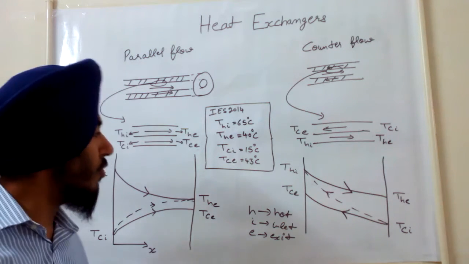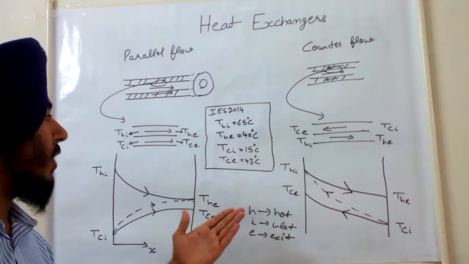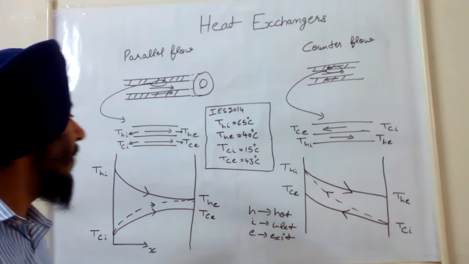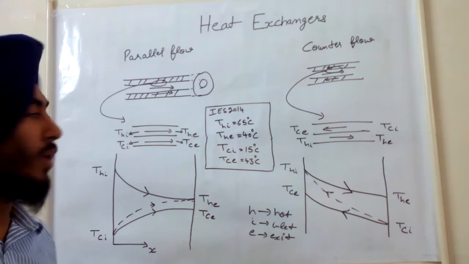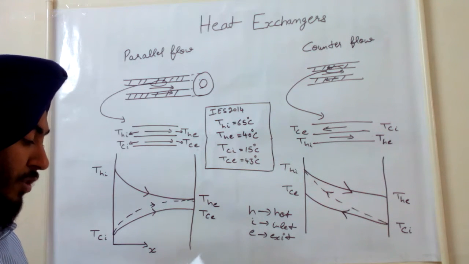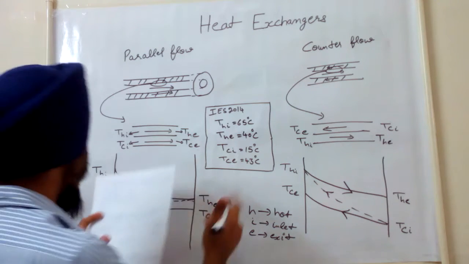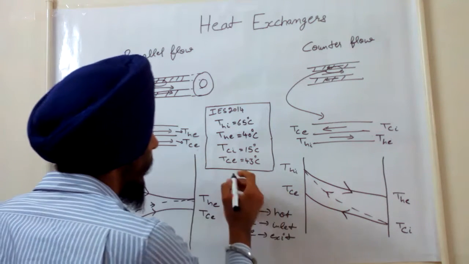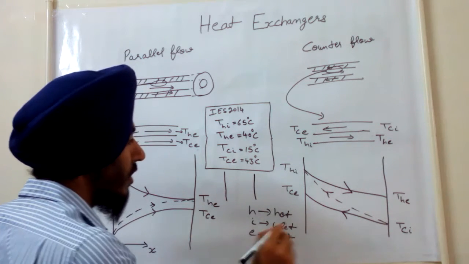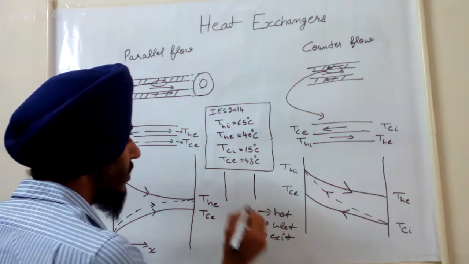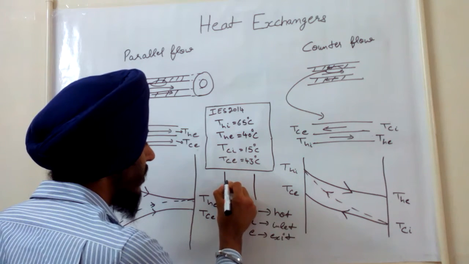And in case of mixed flow the temperature cannot exceed, and in phase change, let me make a point. In case of phase change we will be studying it in later topics also, but let me tell you, the diagram is like this. In a phase change, when the phase is changing, the temperature of one fluid doesn't change.